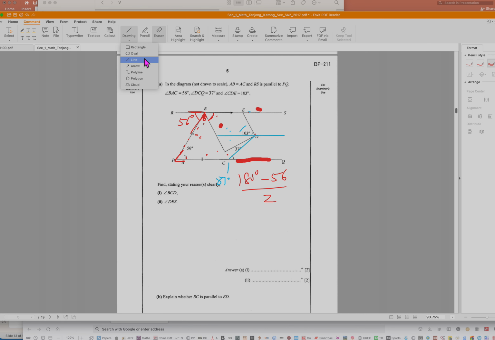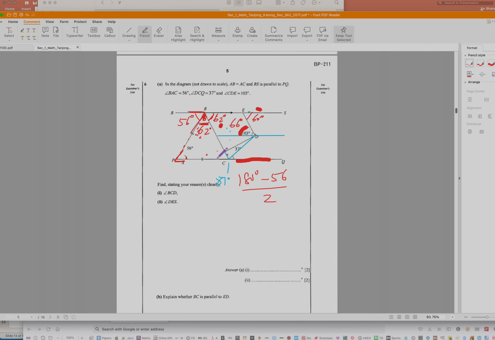Let me just join this up. This is 66. This one is 66. Then this one is 62, right? Just now you say.